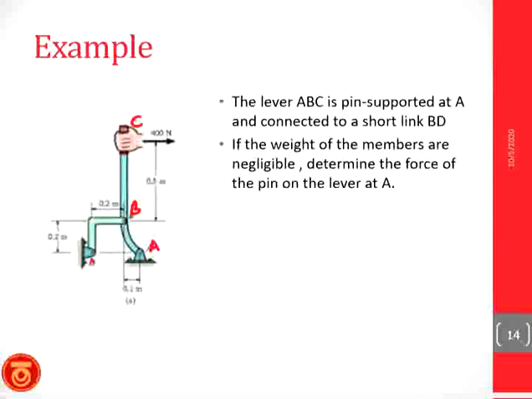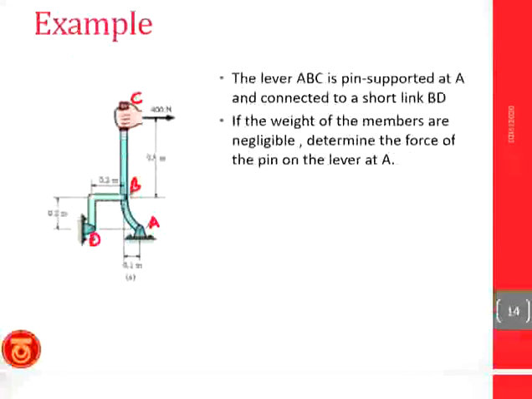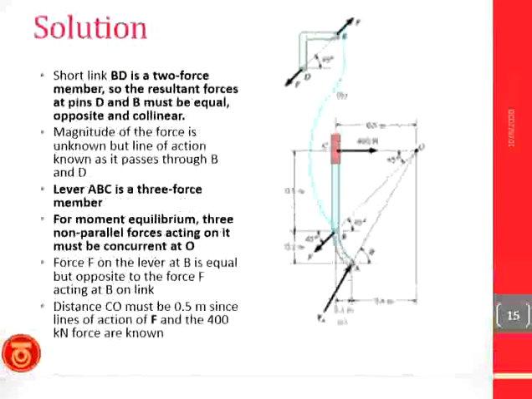BD is a short link. If the weight of the members is negligible, determine the force of the pin on the lever at A. Here we have a force here, and B and D. So how to solve it?